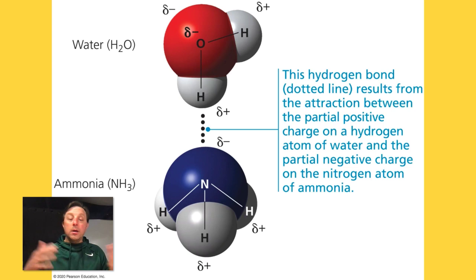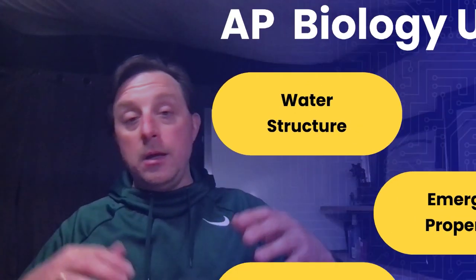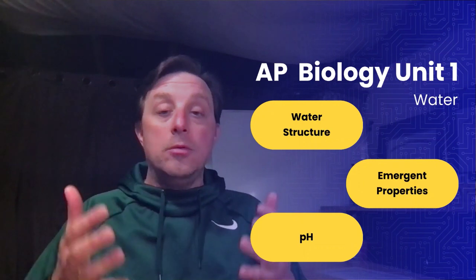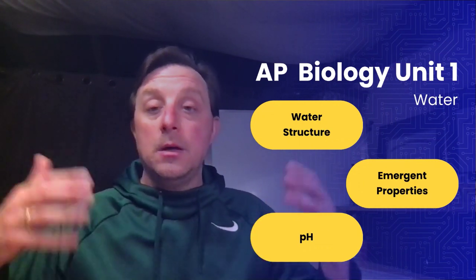Water and ammonia will form hydrogen bonds between them. Right. So any polar molecule is able to form these hydrogen bonds because of the partial positive and partial negative regions of the molecules. So the important properties of water are all due to these hydrogen bonds forming.